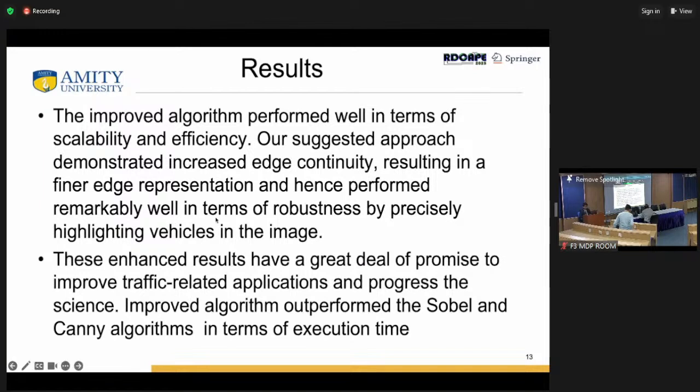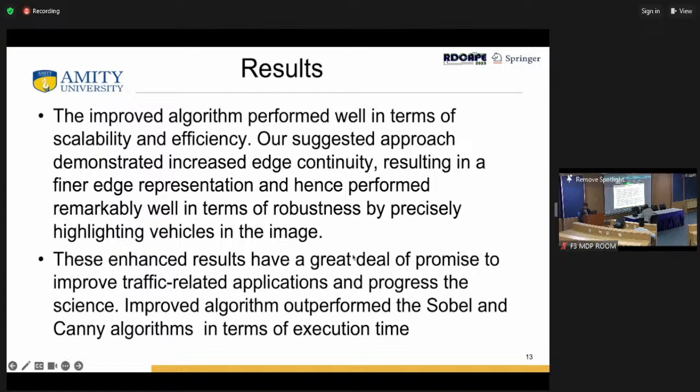Our improved algorithm performed well in terms of scalability and efficiency. Our suggested approach demonstrated increased edge continuity, resulting in a finer edge representation, and performed well in terms of robustness by precisely highlighting vehicles in an image.